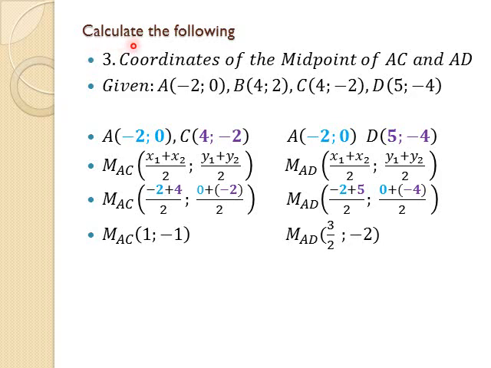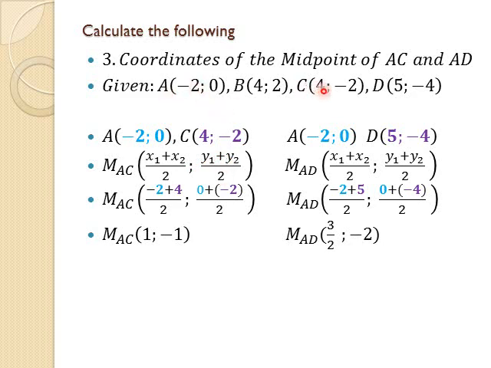Now calculate the following. We want the coordinates of the midpoint of AC and AD, meaning we want the x and y value in the middle of a line. They're given the same points. To get the midpoint, our formula reads (x1 plus x2) divided by 2, (y1 plus y2) divided by 2.